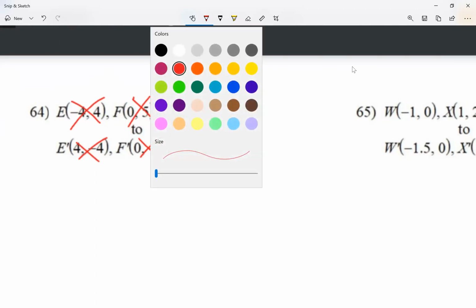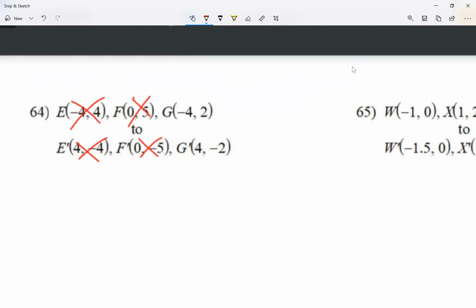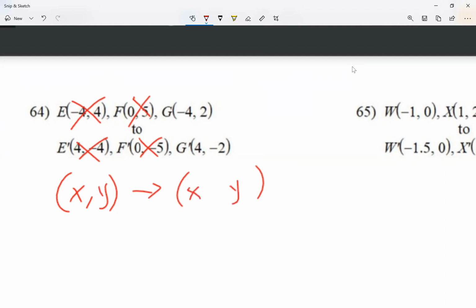So let me see. I'm going to try to write a rule. X, Y becomes... the first thing I ask myself: did my X and my Y, did my 4 and my 2, switch places? No, it seems like X is 4 and Y is 2 in both cases. So it didn't move. Then did I switch any signs? Yeah, I switched the sign on the first one, and then I switched the sign on the second one.